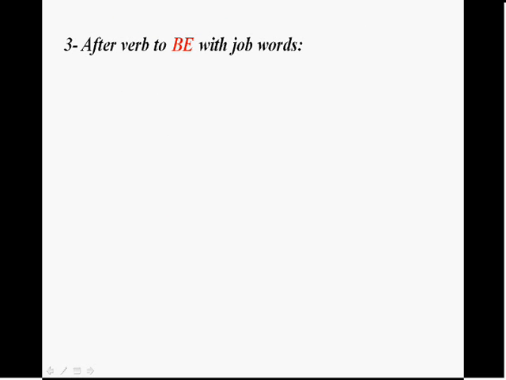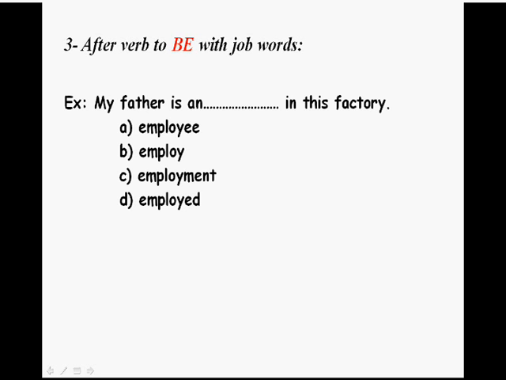Also, after verb to be with job words, like, my father is an in this factory. So I need to put a noun here, which is after verb to be. Here, verb to be is the word is. Is what? And then we have job words, and of course, job word means the work or the title of a work.